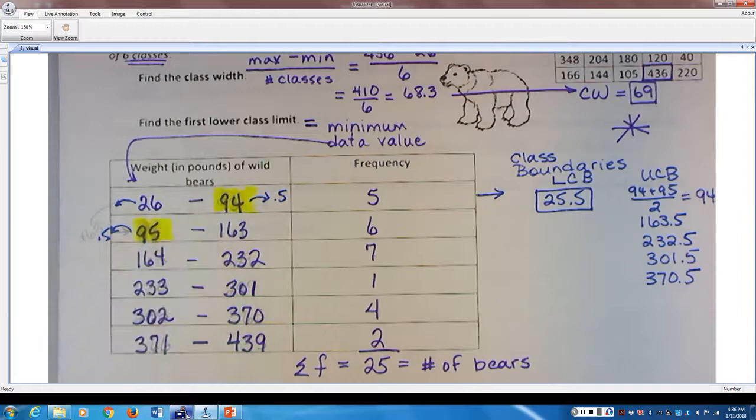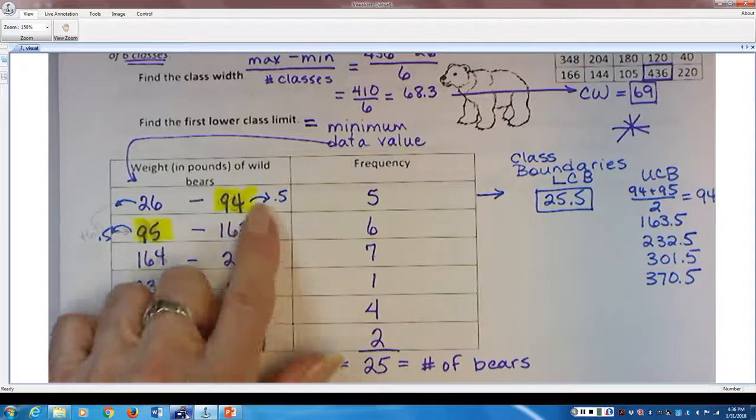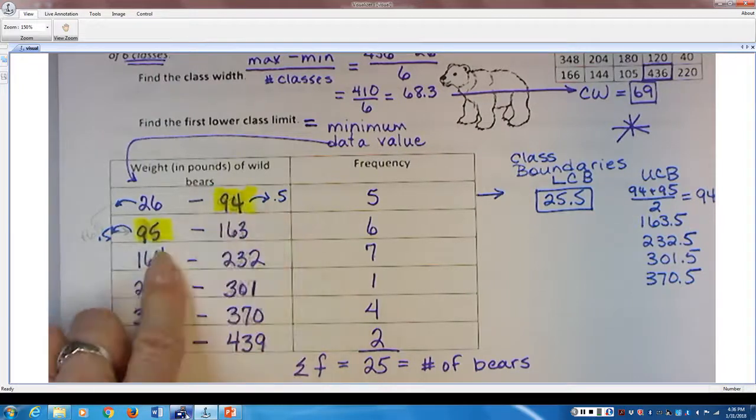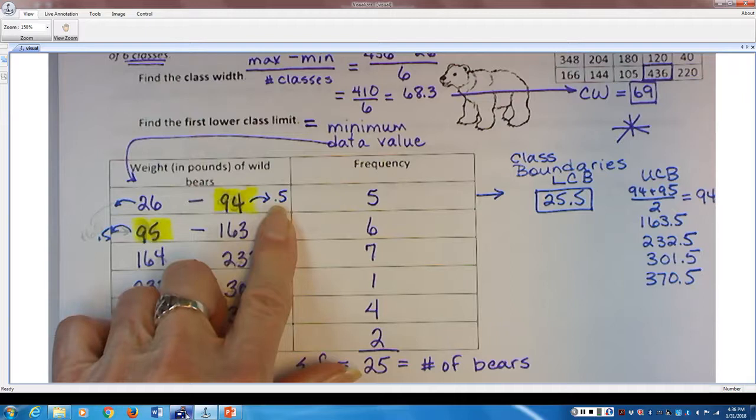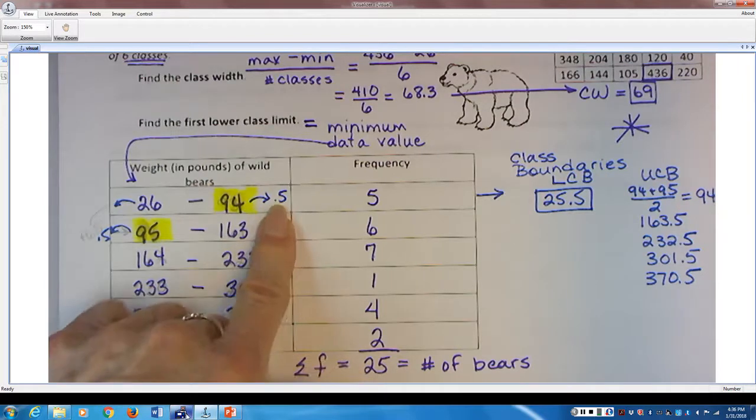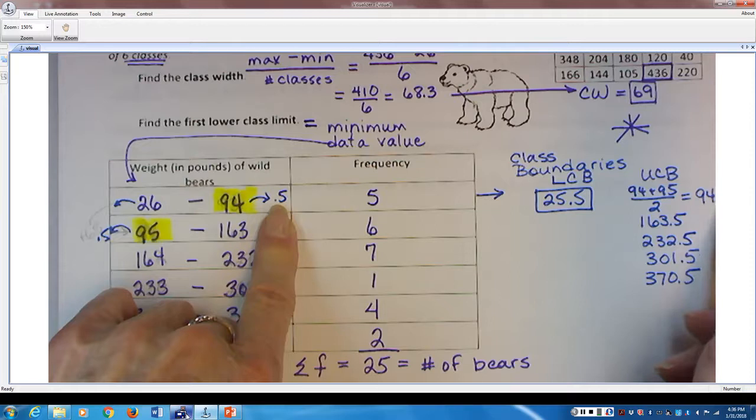So you don't actually calculate that first lower class boundary, you kind of think about what it naturally has to be. Class boundaries are always halfway between two numbers. And if those two numbers are whole numbers, that means it's going to be a 0.5. So my first class boundaries is 25.5 to 94.5.